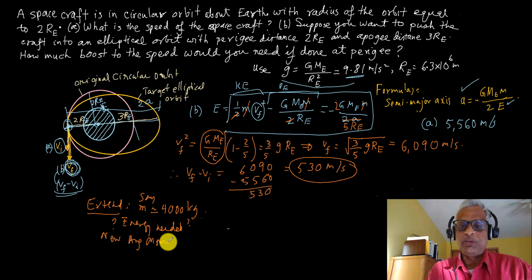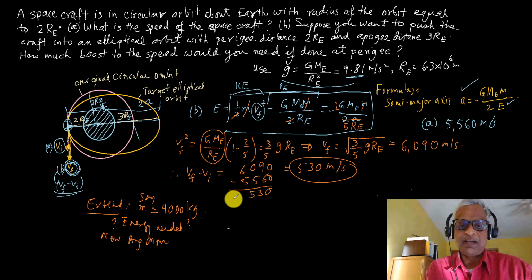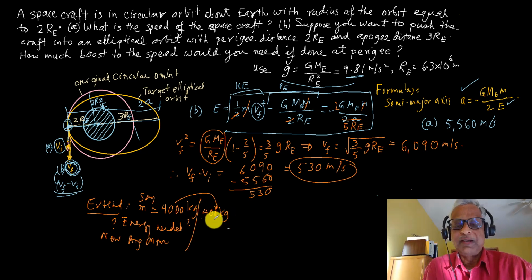You can also extend it to look at, say, throwing away part of this, say 400 kilograms, 10% of this, ejected over, say, 20 seconds.